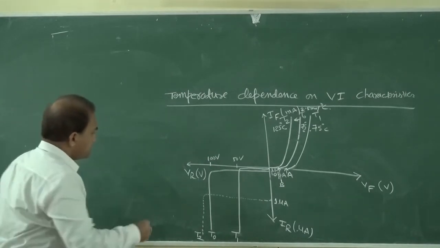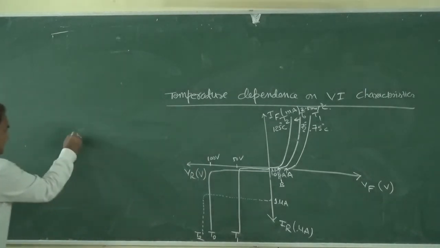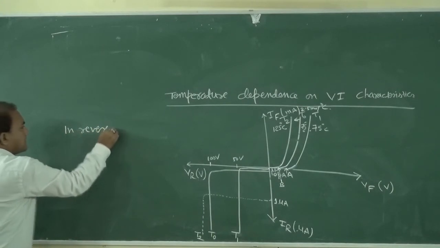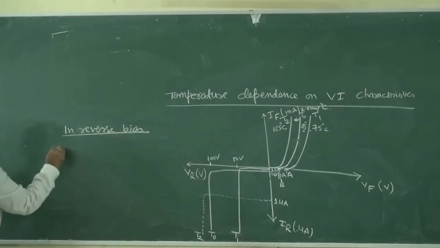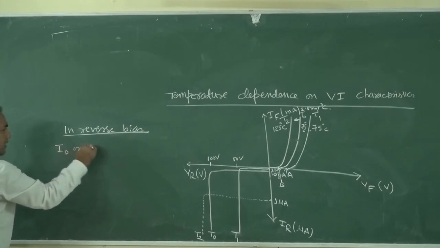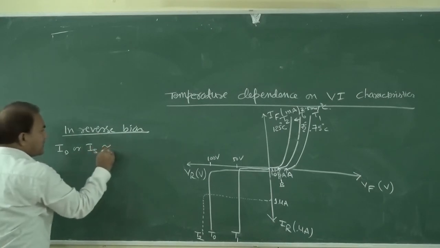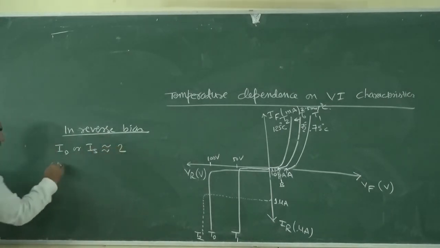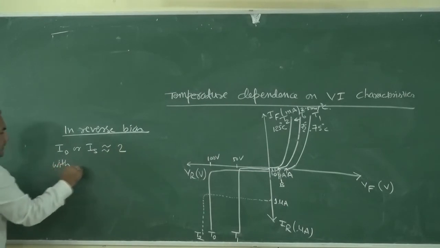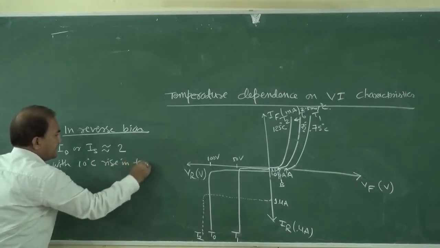In reverse bias, see, with the increase in temperature, in reverse bias, what happens? I naught or IS, which is reverse saturation current, it doubles with 10 degrees centigrade rise in temperature.